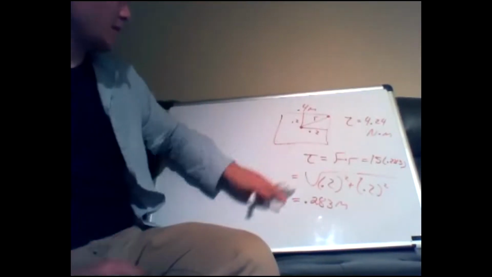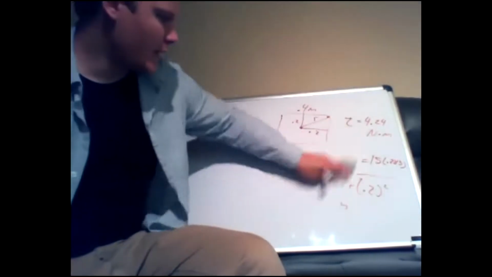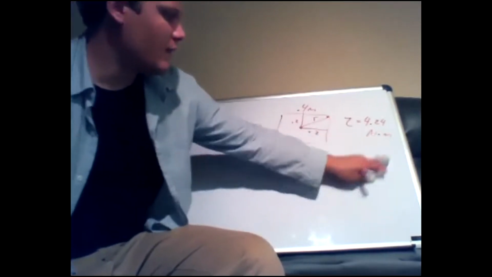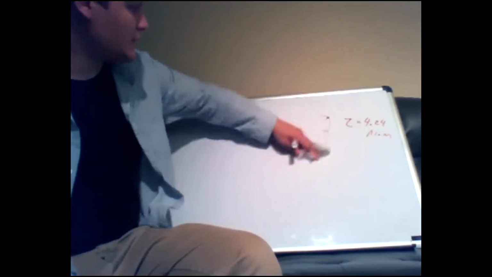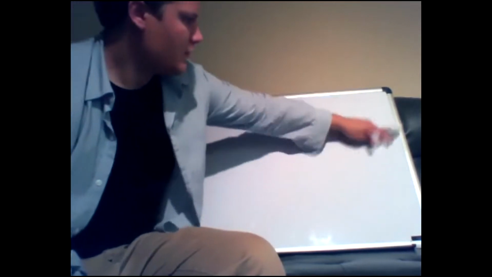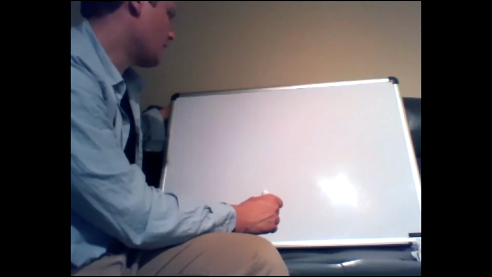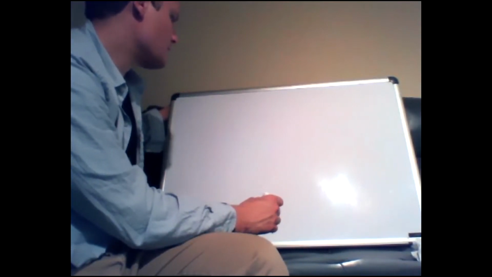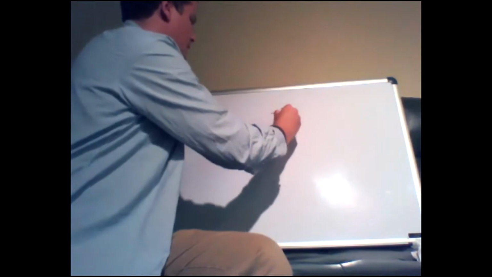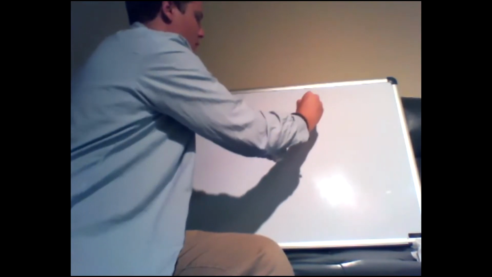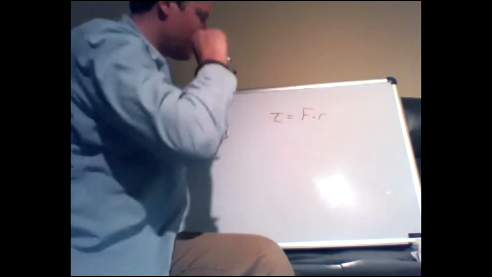And so this is pretty simple. Then you just multiply the amount of force, which is 50 newtons, times the distance, which is 0.1 meters. So in other words, the torque for this problem is just going to be equal to the force times the distance from it.